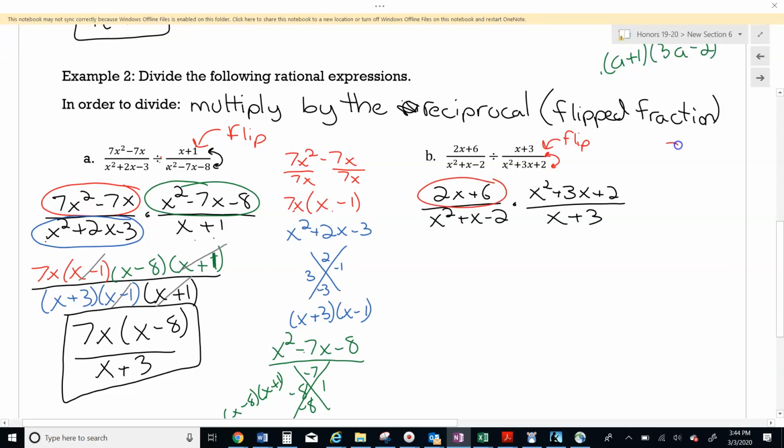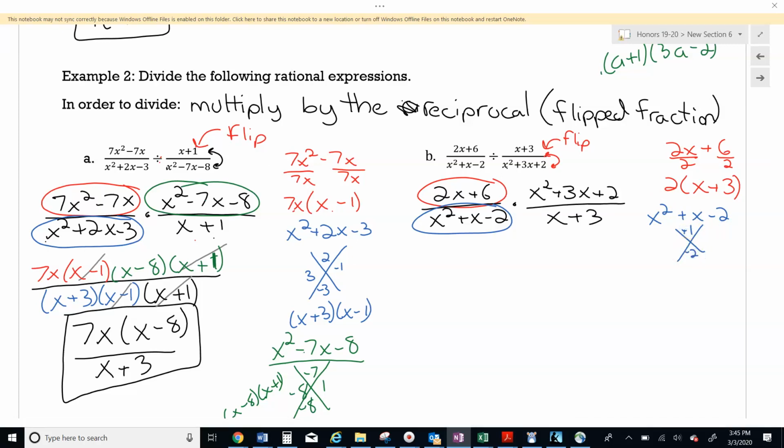Factor 2x plus 6, because it does have a GCF. That's 2 times x plus 3. Factor x squared plus x minus 2, because it's quadratic. Add to 1, multiply to negative 2. That's 2 and negative 1. X plus 2, x minus 1.